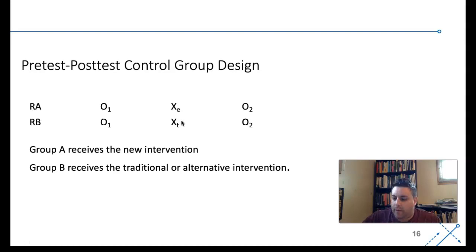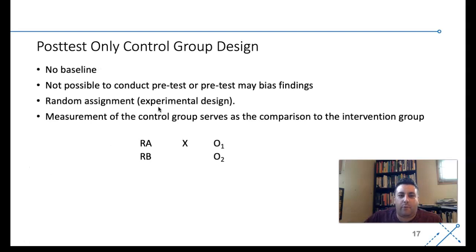So we might want to enroll people into, say, an alcohol treatment study. Well, if you identify people with an alcohol problem, you can't withhold treatment. That would be unethical. So what we'll do is we'll assign people to either the existing gold standard or some new treatment that we're working on developing, and that gets around any ethical issues of withholding treatment.